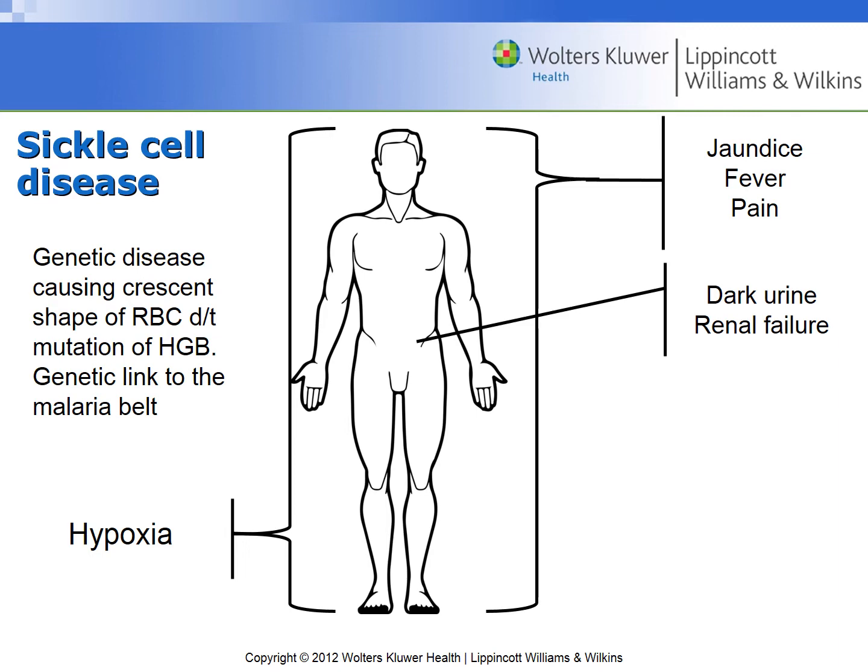Dark urine, renal failure, dark urine from liver impact as well, and the tubules in the kidneys becoming plugged up with sickled red blood cells. There is no cure for sickle cell at this point. It can really shorten the patient's lifespan.